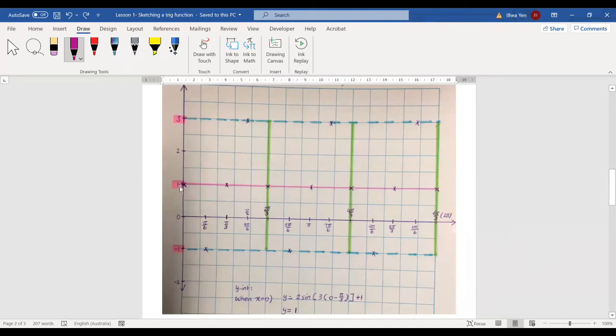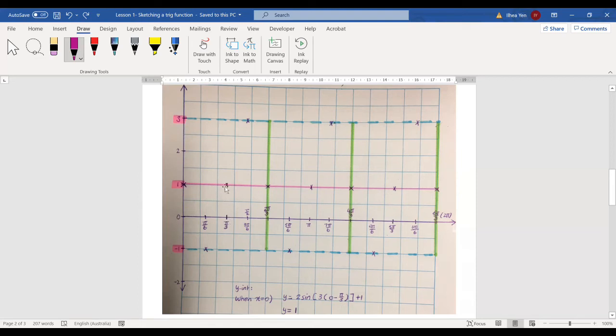So we know that 1 is our center now, and therefore my amplitude is pushed up to 3, and below is minus 1. Okay, so the range is from maximum 3, minimum minus 1, my center is 1. What I've got with all the crosses here is I'm just using the pattern. I know for a fact it's going to start from pi over 3, isn't it?